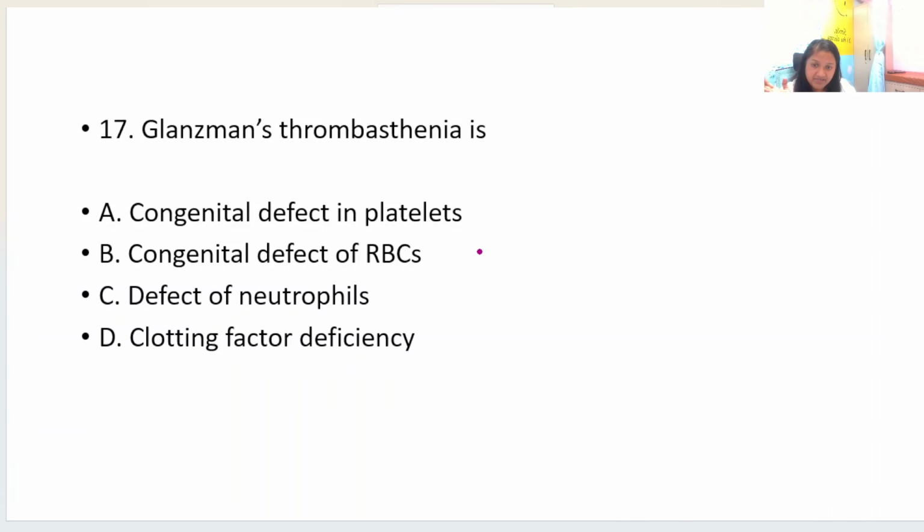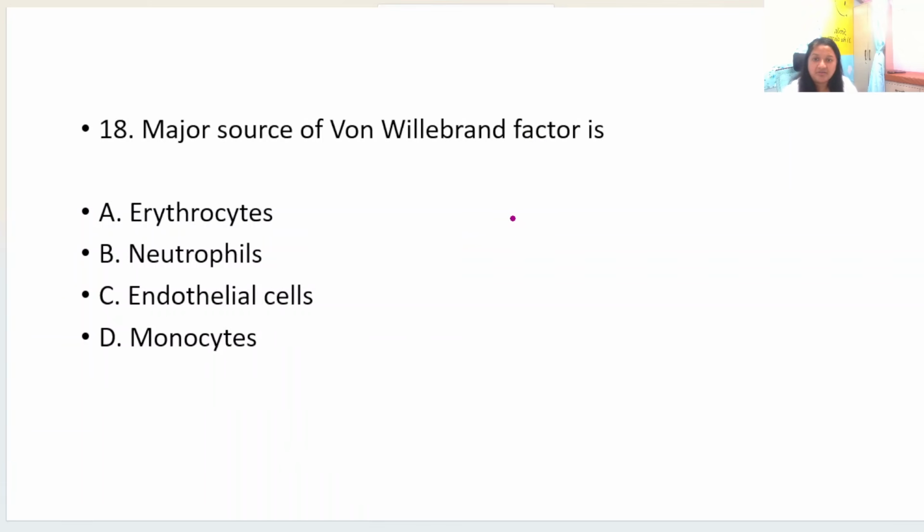Congenital defect in platelets, in RBCs, defect of neutrophils or clotting factor deficiency. We all know that this is congenital defect in platelets, in platelet aggregation particularly. Major source of von Willebrand factor is erythrocytes, neutrophils, endothelial cells and monocytes. We all know this, it is endothelial cells.